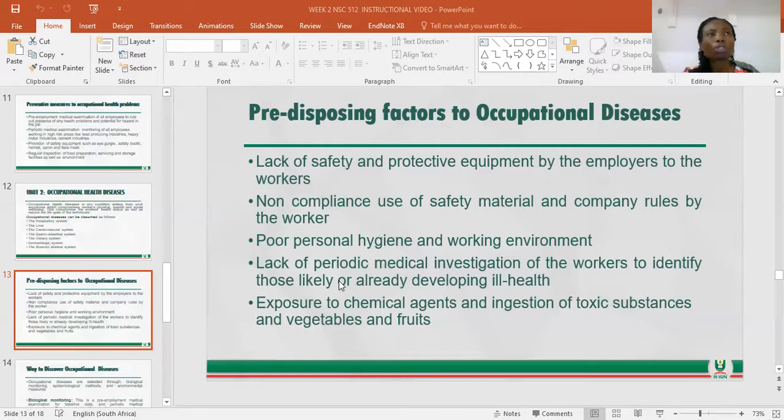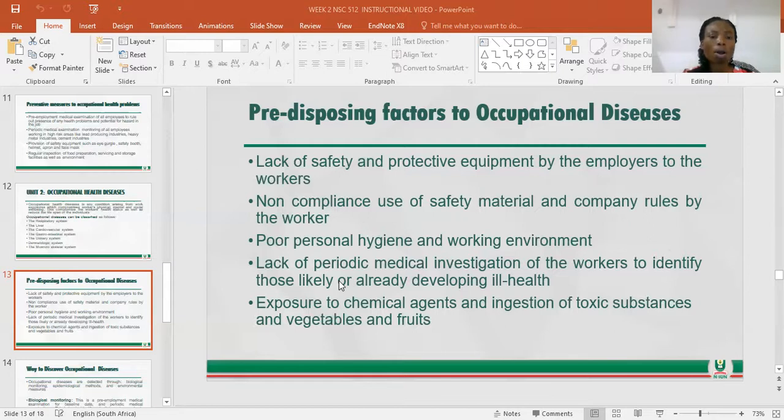In a situation whereby the employers provide all these, the PPEs, we also have workers not using them. If that is the case in the place you work, your role also is to encourage workers to comply with the rules and regulations of the company, to use the safety materials that have been provided.